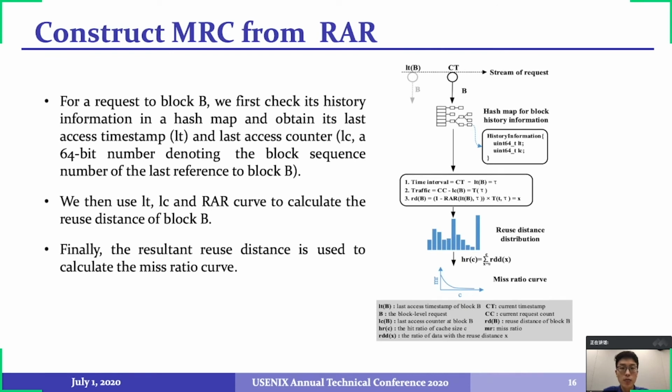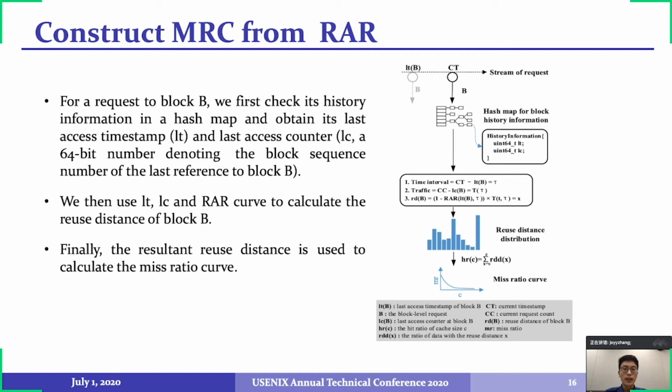As shown in the right figure, to construct the miss ratio curve from reaccess ratio, we first calculate the amount of data from the last reference of the currently accessed block upon each block request by using the block sequence number, and then estimate the intermediate reaccess ratio using the reaccess ratio curve.